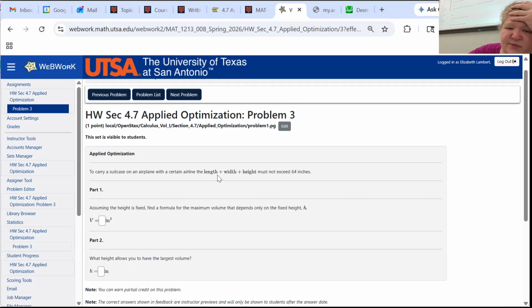All right, so they just tell us length plus width plus height has to be less than or equal to 64.